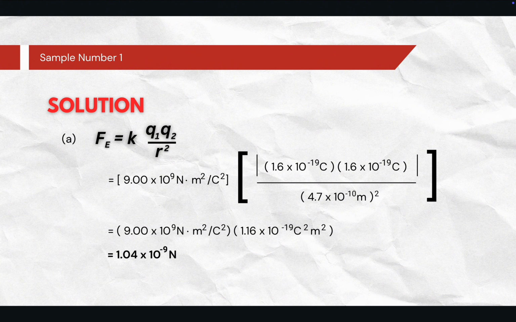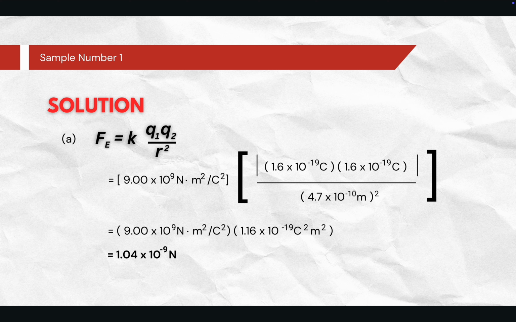And then, i-over natin dun sa distance squared, which is 4.7 times 10 raised to negative 10 squared. So, ang magiging answer nito is 1.16 times 10 raised to negative 19 C squared over m squared.